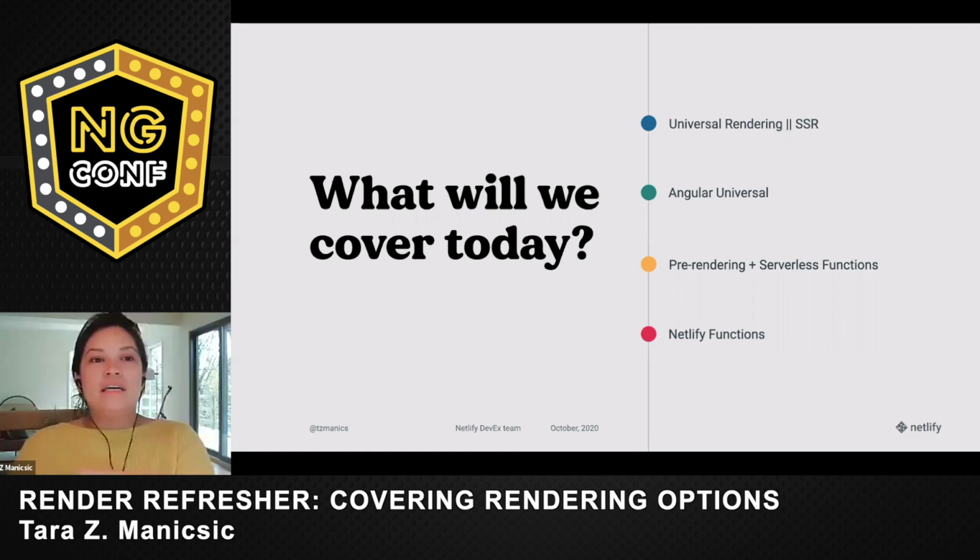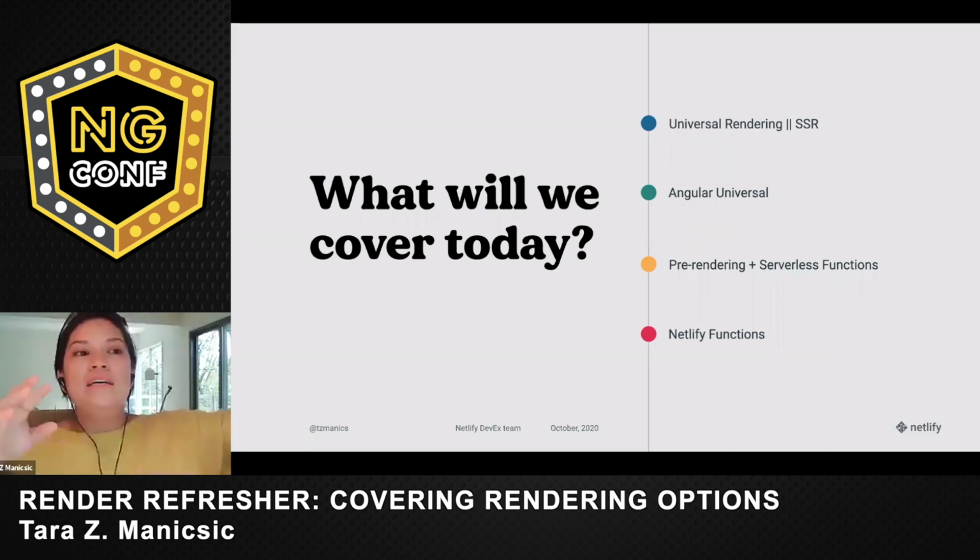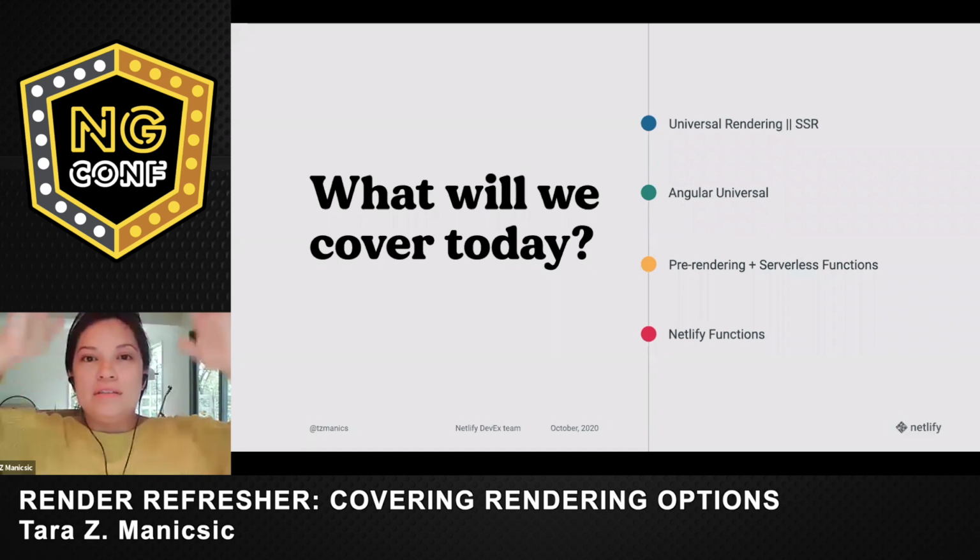SSR is a more encompassing term than we're used to seeing. So that will be a path of rendering in itself. And then I want to talk about this overarching rendering, and then talk about a certain product in particular. So with universal rendering, we're going to be talking about Angular Universal.